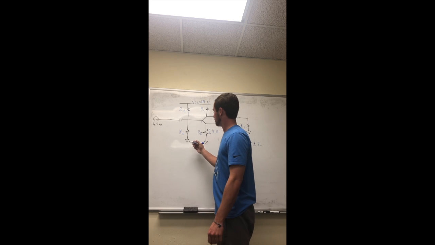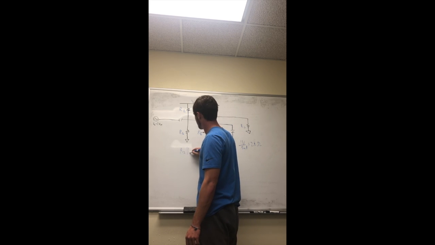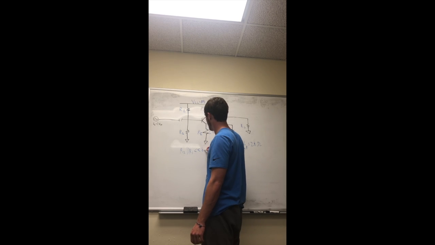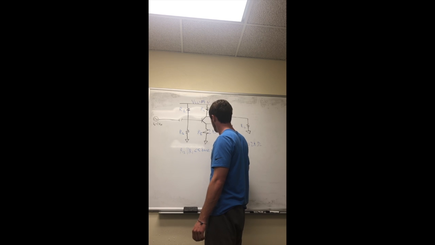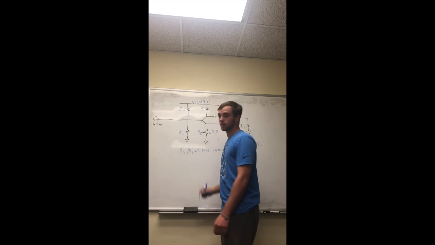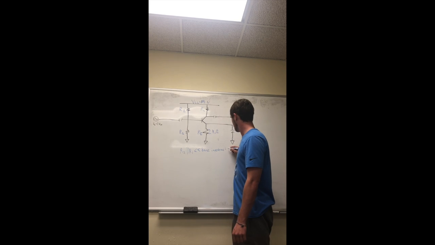We know that R2 and R1 in parallel has to be less than the base impedance. And the base impedance is equal to RE, so this is equal to 2 kilo ohms times beta.